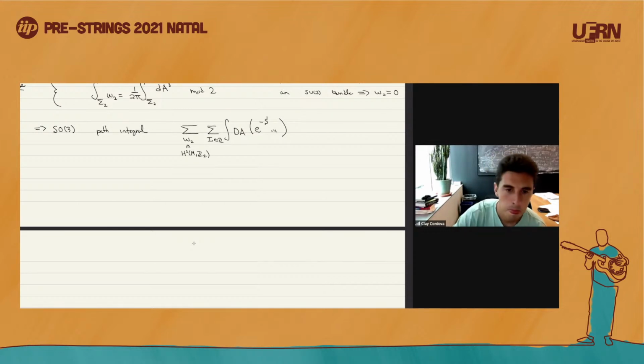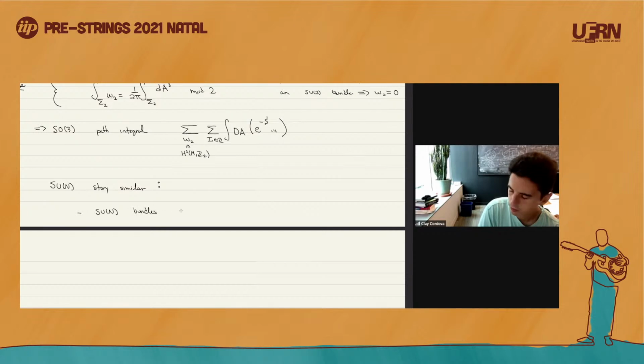Okay. So what's going on in the SUN story? The SUN story is similar. SUN bundles are topologically labeled by a single integer, the instanton number.